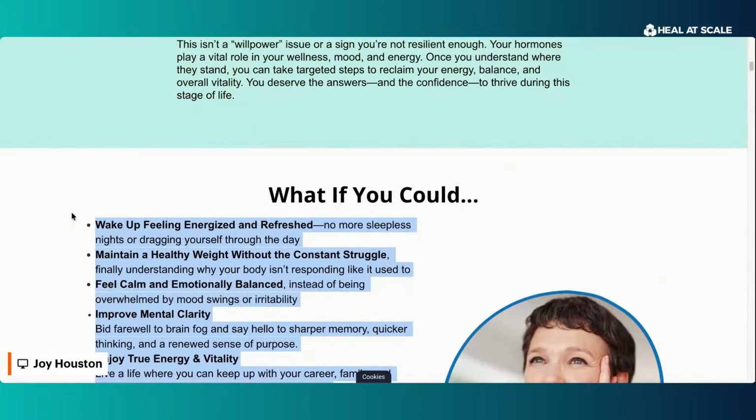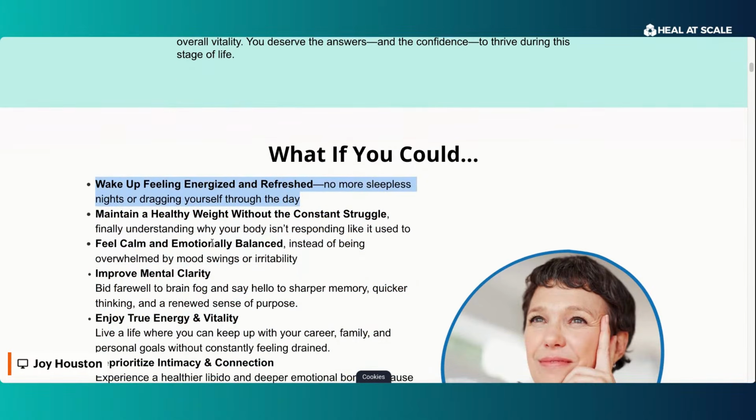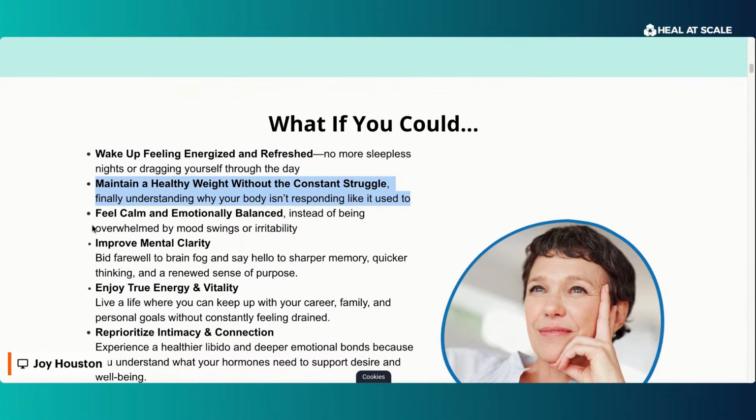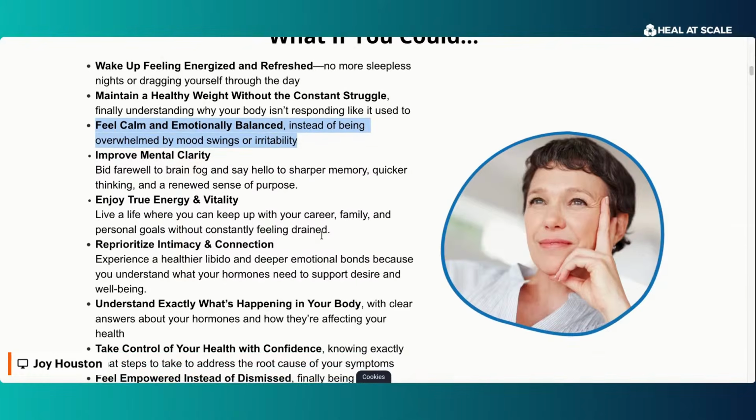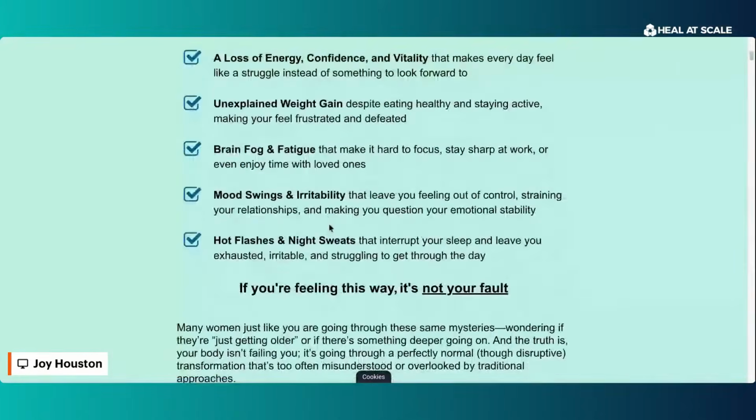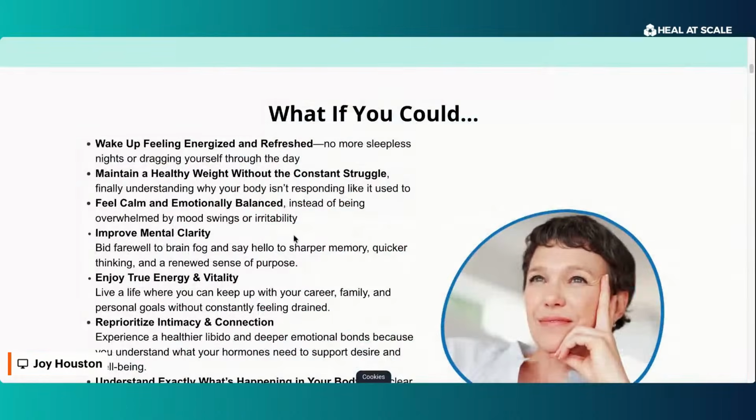Okay. So what if I had a natural reduction in belly fat just from balancing my hormones, right? What if I was able to keep my muscles and even gain some definition? What if I was able to jump out of bed with lots of natural energy, not needing 5 cups of coffee? Let's go. Whatever their top 5 things are, yay. This should just be the opposite of that.